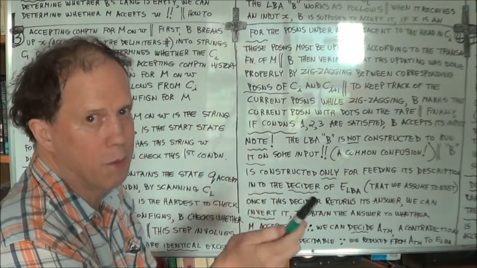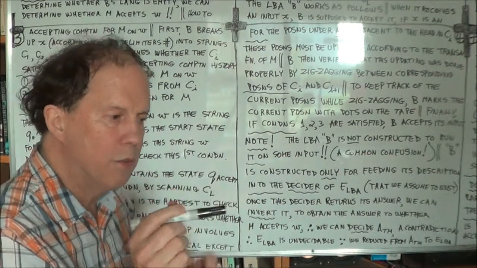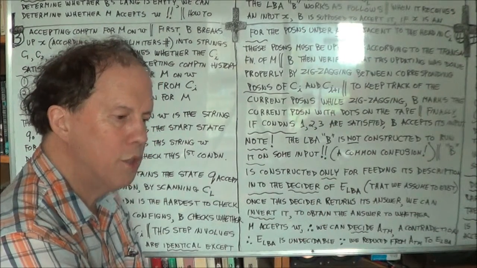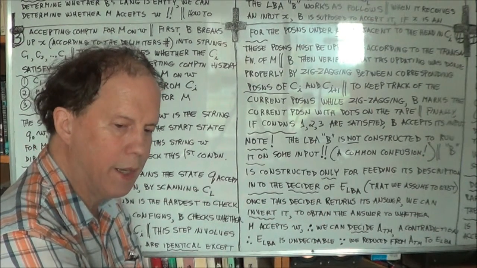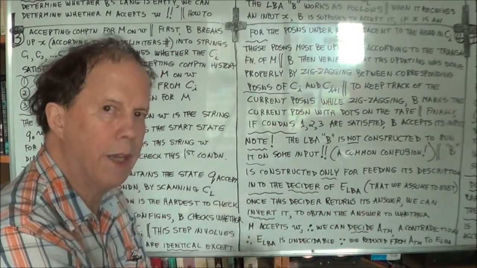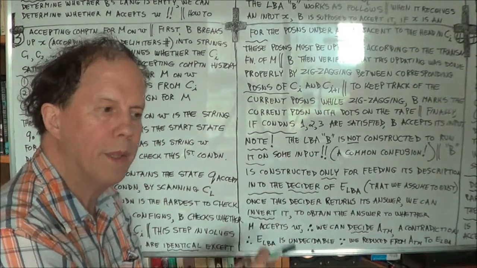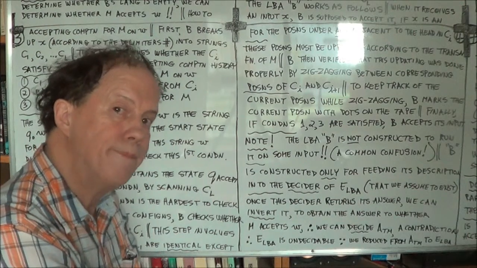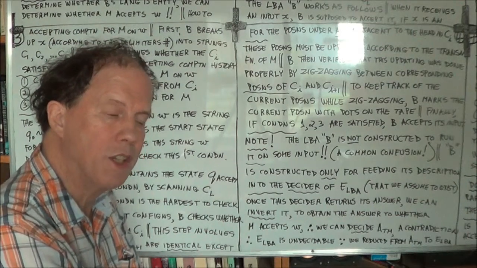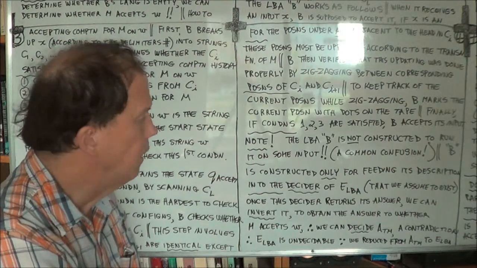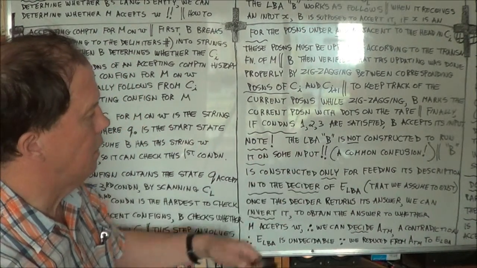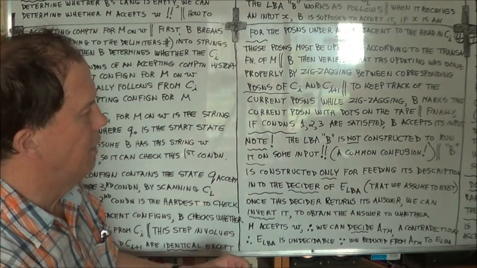That's the encoded description of B, and then you'll feed that encoding into the Turing machine that decides ELBA. Okay, that's part of the reduction strategy. So this B doesn't actually get used.